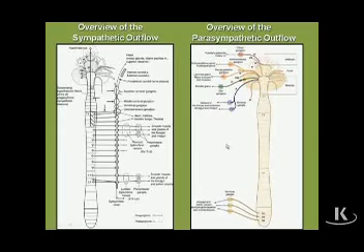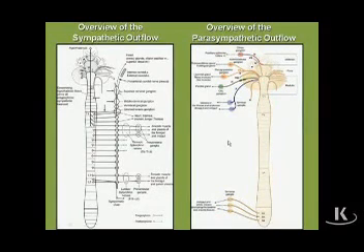We said that for both sympathetics and parasympathetics, the postganglionic cell body is in the peripheral nervous system. So we can ask the same question, where in the peripheral nervous system? And so we need a way of defining regions of the peripheral nervous system. And there are fundamentally two ways we can do it. We can refer to regions of the peripheral nervous system based on their relationship to the central nervous system.